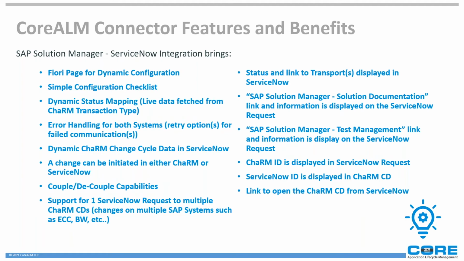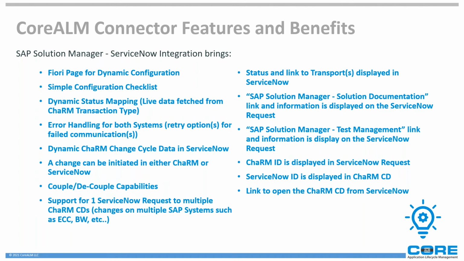So for example, if you're using change management, it's going to pull certain data statuses directly from your system based on what's configured, so we don't have to hard code things. It's pulling data as far as what change types you use and the statuses that you might have, without us having to hard code them in. It just checks the system, pulls the data, and then you can map things dynamically.